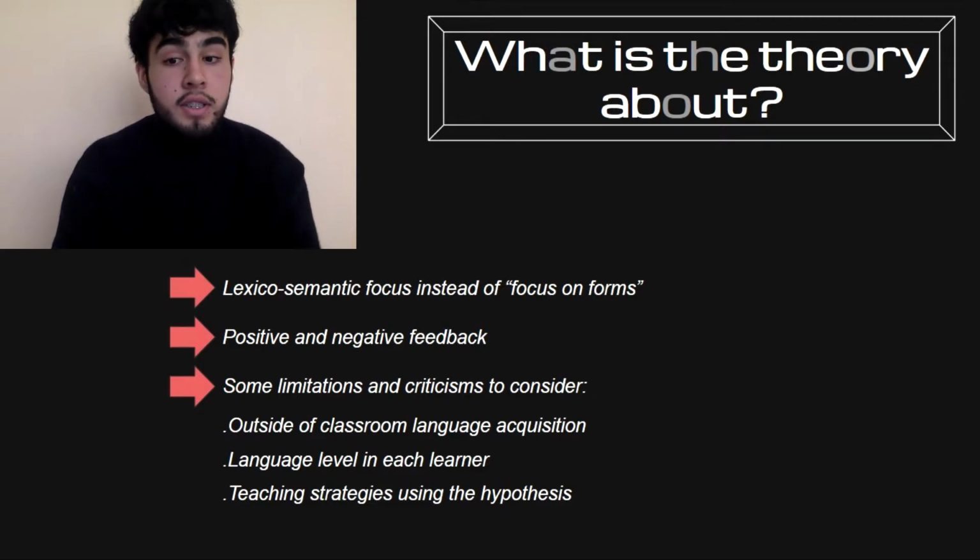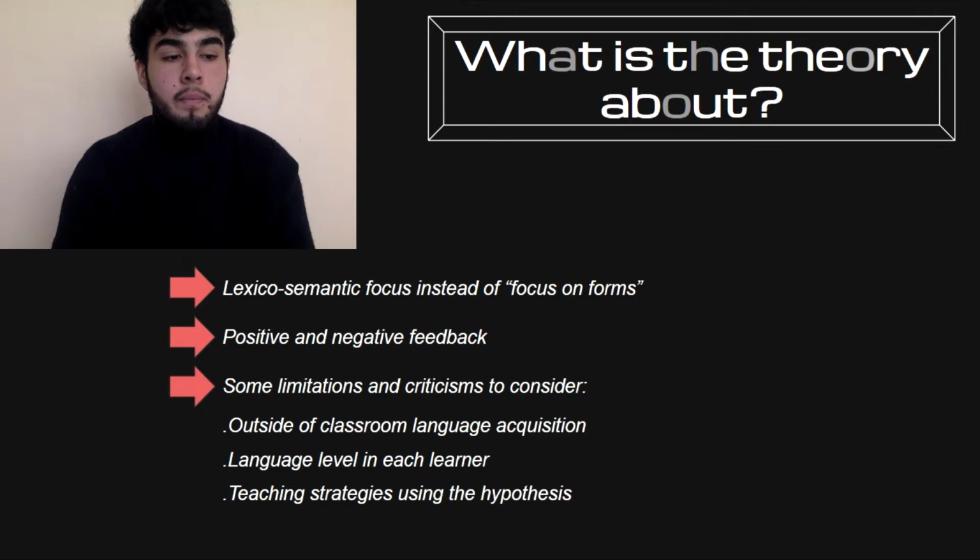Then you have the teaching strategies using the hypothesis. The input, in this case for the theory, the interaction aspect is really important in order to acquire a second language, but by itself, it's not enough to acquire a second language.